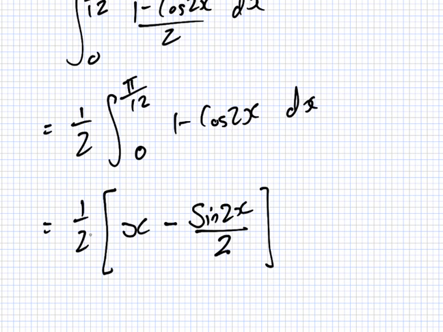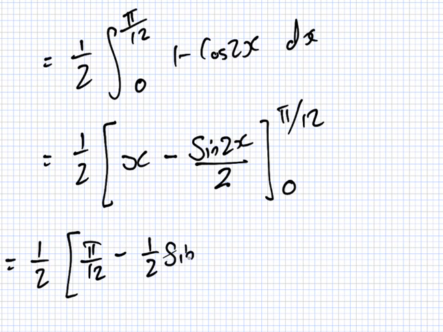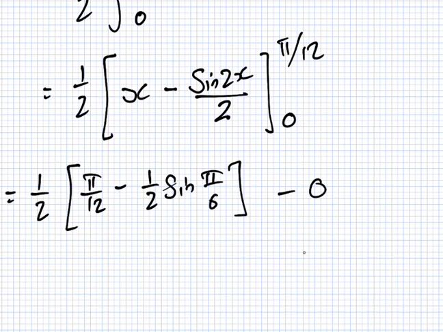Well, if you put the half back in, it would be 4, yeah. Okay, so if I put pi over 12 in first, I get pi over 12 minus a half sine pi over 6. And if I put in 0, I know I'll get 0. Pi over 6, what's that, like root 3 over 2 or something?